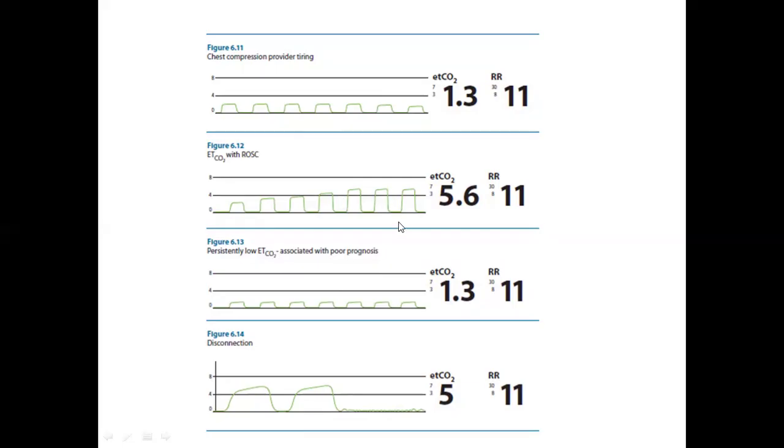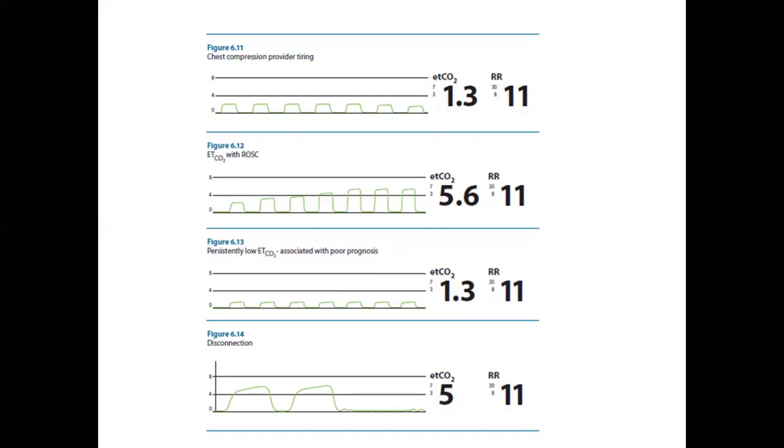That means maybe the patient might be getting ROSC, return of spontaneous circulation. So yeah, that is a good thing. Here, persistent low capnography is a bad prognostic sign of cardiac arrest.